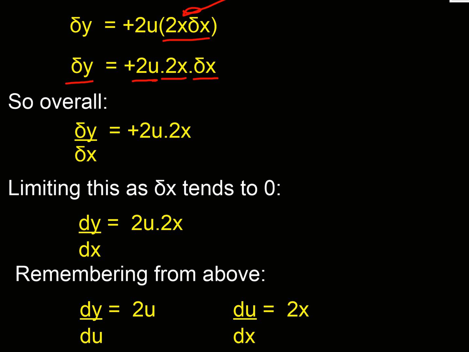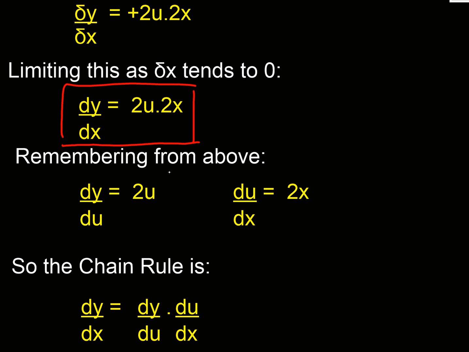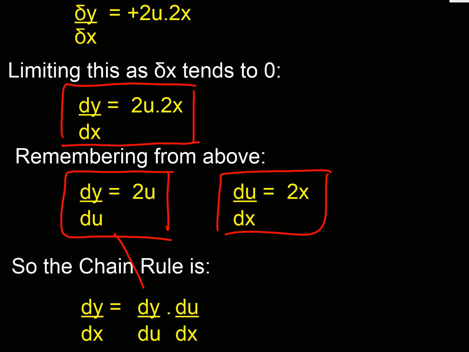Of course we can rewrite that as dy by dx equals 2u times 2x. Now if we bear in mind that we started from dy by du equals 2u and du by dx equals 2x, and we substitute those relationships in here, we can quickly see we've got our relationship: dy by dx equals dy by du times du by dx.